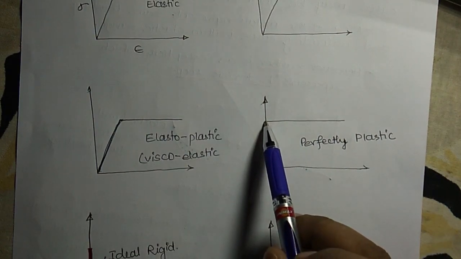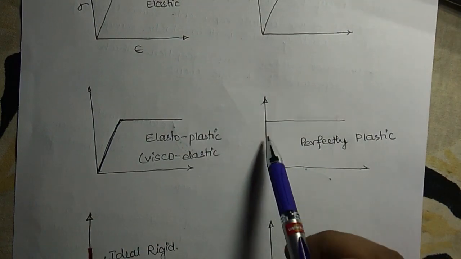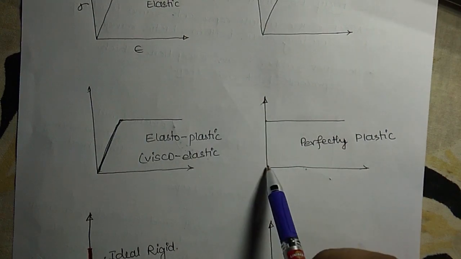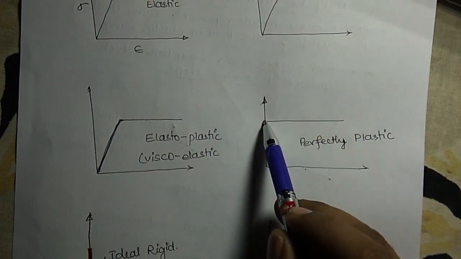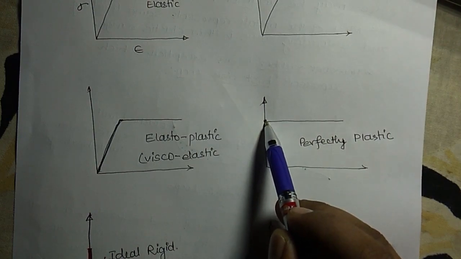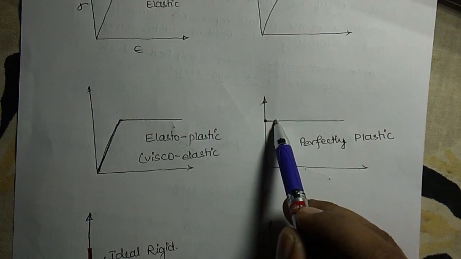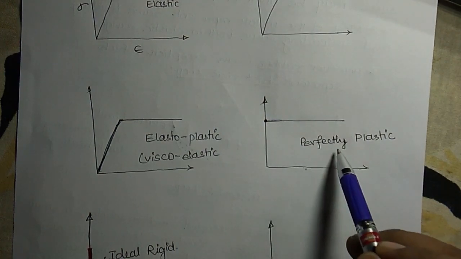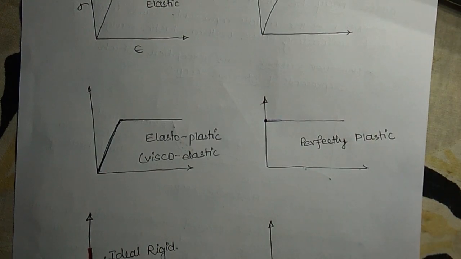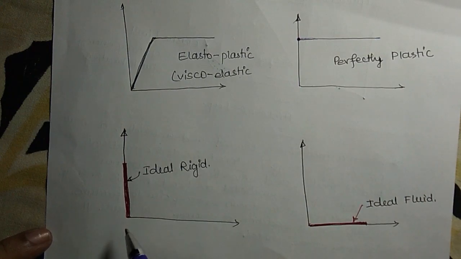And if you have a line something like this, up to a certain stress value there will not be any deflection or deformation. When it reaches a particular value of stress, everything breaks down and there is a large deformation at one exact point. That we call perfectly plastic. Similarly, this is the ideally rigid material, where there will not be any deformation.